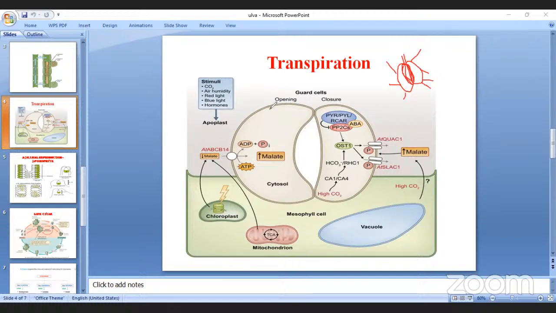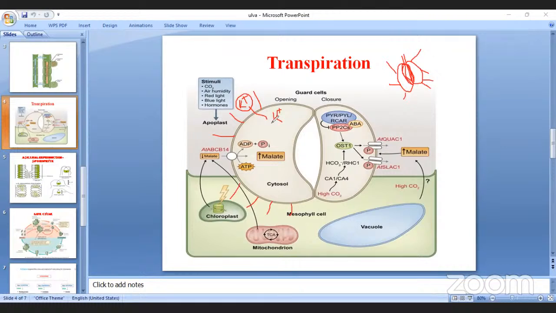For example, this is the guard cell. These are the surrounding subsidiary cells. I already told you, the surrounding cells are subsidiary cells. What happens during daytime? K plus enters into the guard cells in the presence of light.